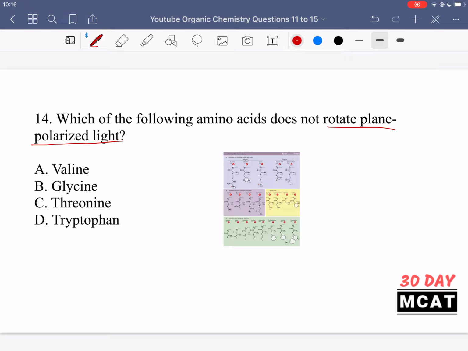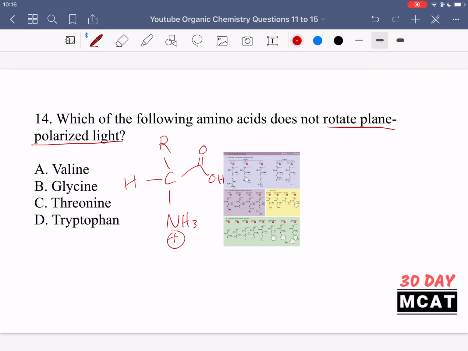So you should know with amino acids, they have their general structure. They have a middle carbon, a carboxylic acid, an amine group, so positively charged, a hydrogen, and then an R group. And then if these 4 things are different, then the amino acid is chiral.